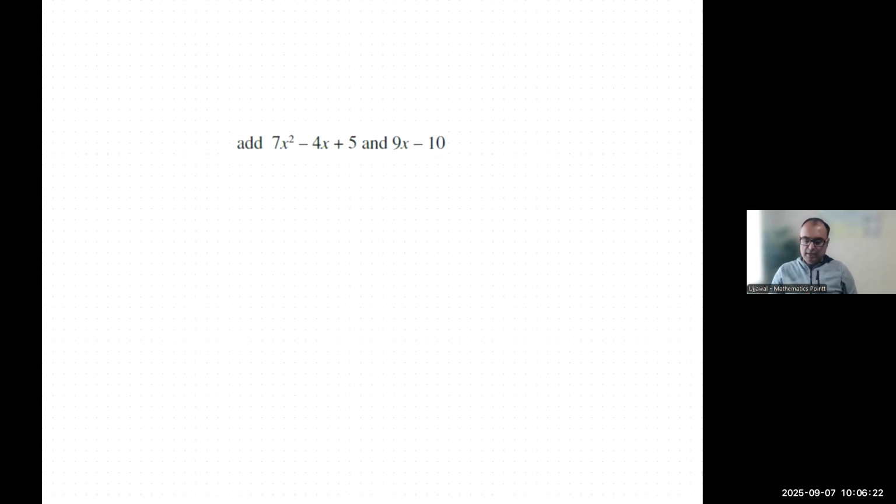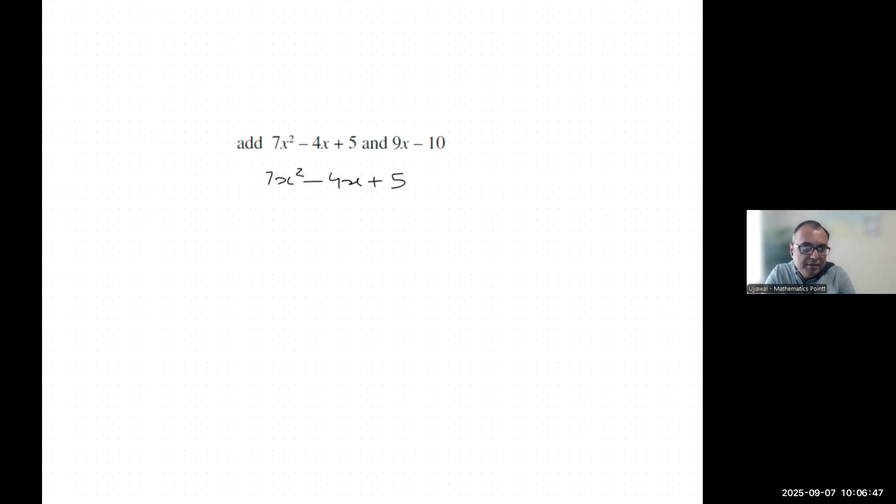If some of you are still confused about how to do it, let's try doing it. I have 7x squared minus 4x plus 5.